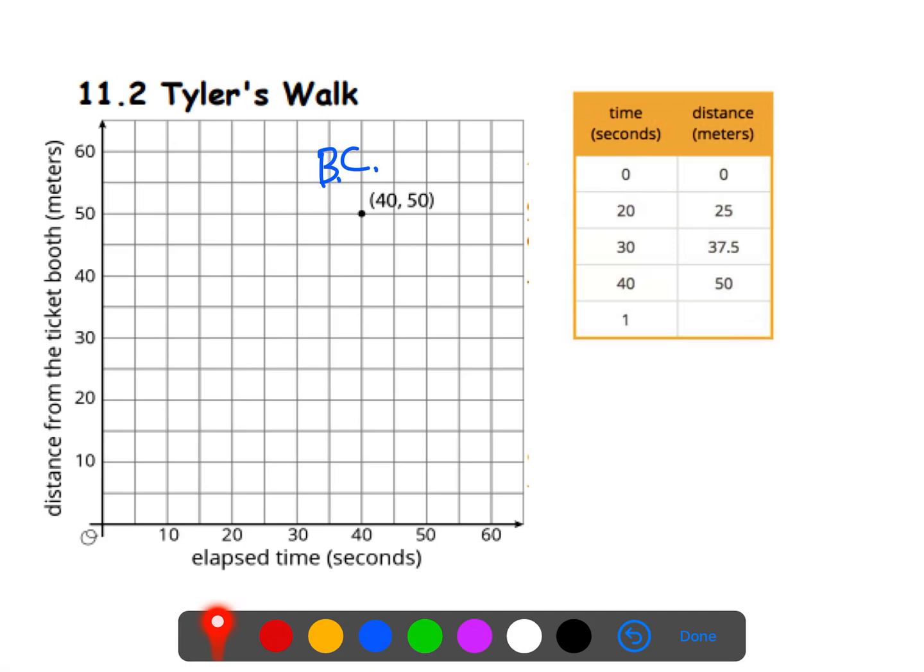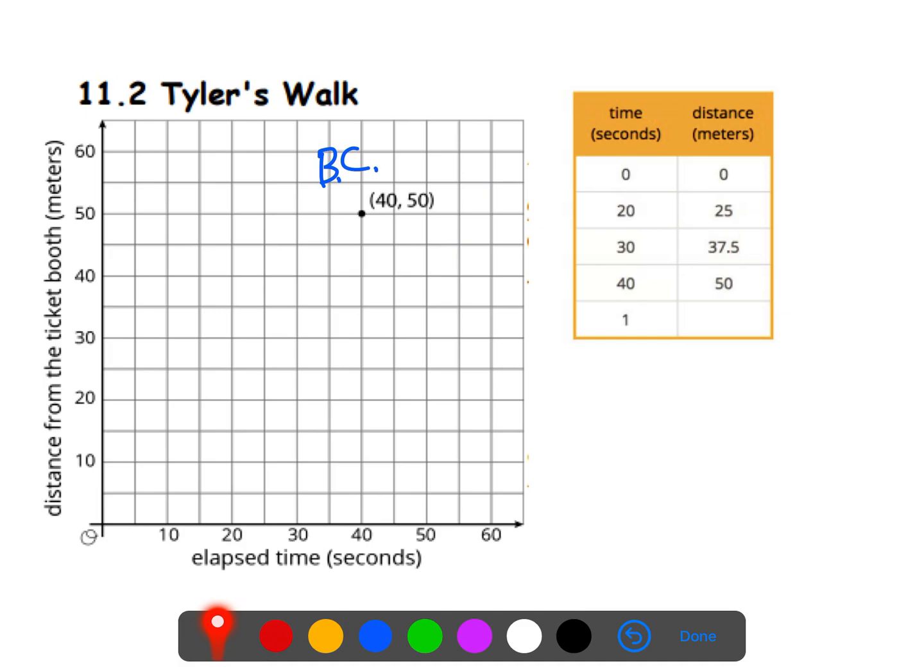So remember, to find the unit rate, to find the constant of proportionality, we can take any of our y values and divide it by the corresponding x value. I could divide 50 by 40, 37.5 by 30, 25 by 20, and 0, 0 isn't going to help me find that constant of proportionality, but any of these 3 points would.